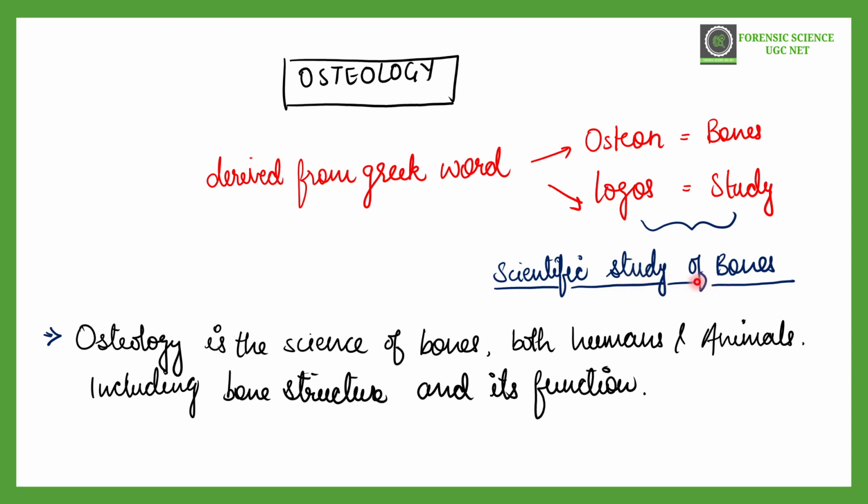If you want to write the definition, you can write that osteology is a science of bones. You are studying the science of bone in both humans and animals. We include animals as well, because at a crime scene you first have to determine whether an unknown bone is human or animal.